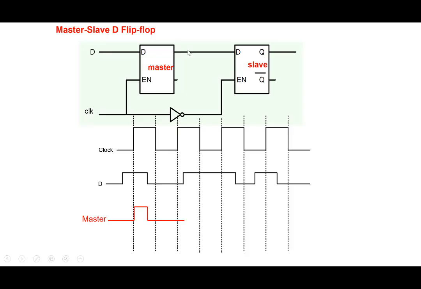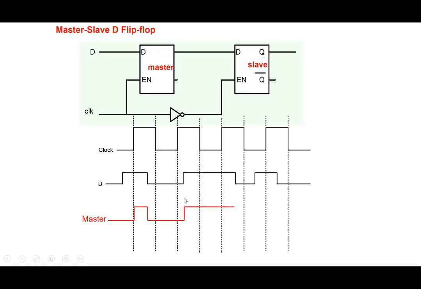And once the master is disabled, then the slave is enabled. So the clock goes low and then this signal goes high and the slave is enabled. The value of this will be equal to whatever is the value here. So whatever data was latched onto the master's output, which is the data just before the negative edge, the same data is now transferred here.